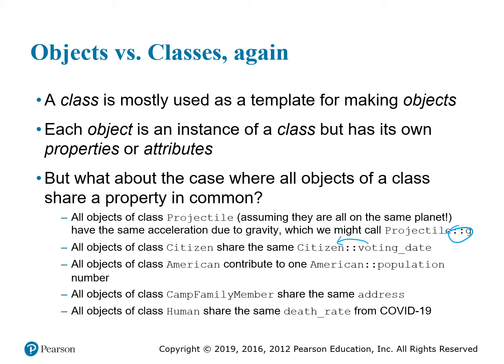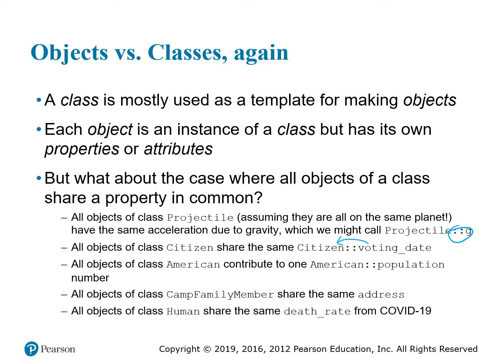And finally, if I were to simulate the current COVID-19 virus, all objects of class human share the same death rate from COVID-19. It's roughly a 1% death rate. No reason to vary the death rate by person, unless you want to start getting into fine-grained demographics and say that the death rate is higher the older you are or something like that.